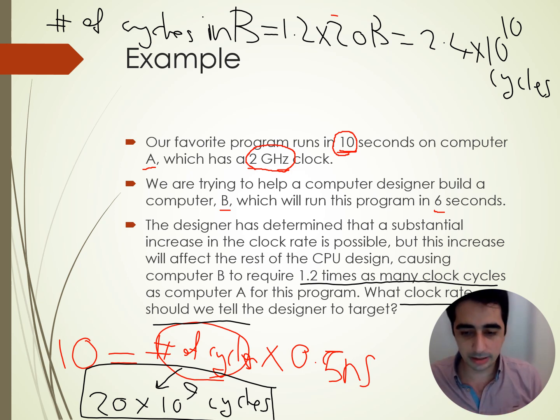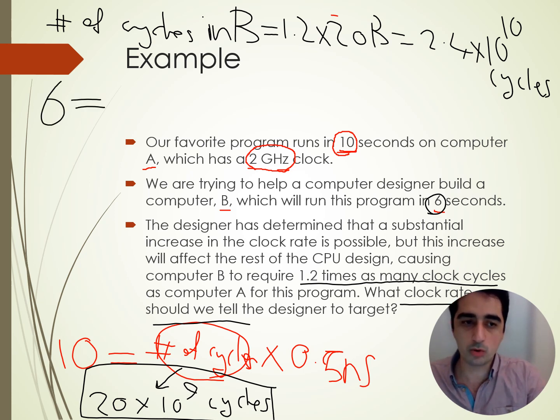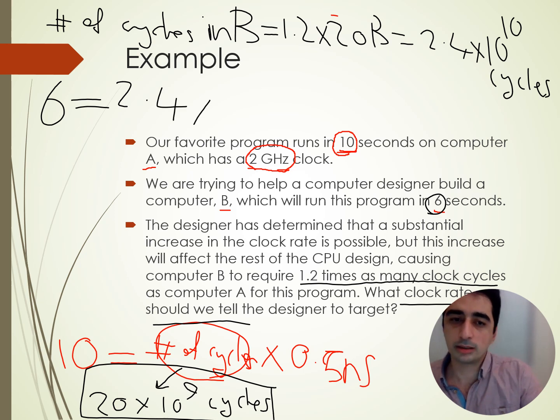In order to answer this part, all I need to do is use the same formula that I used earlier and say, because the goal is to get the 6-second CPU time, 6 should be equal to, I know how many cycles it takes for computer B to run the program. That's going to be 2.4 times 10 to the power of 10, and I'm just going to divide this by the clock rate.